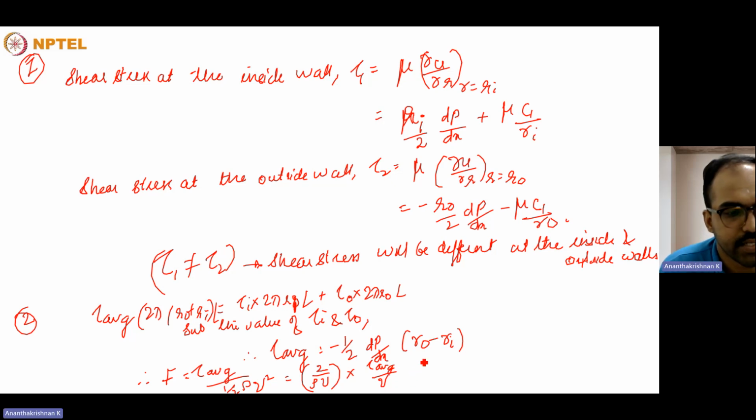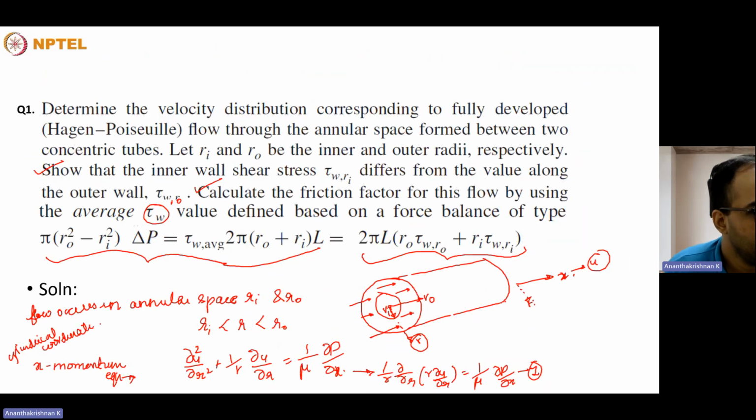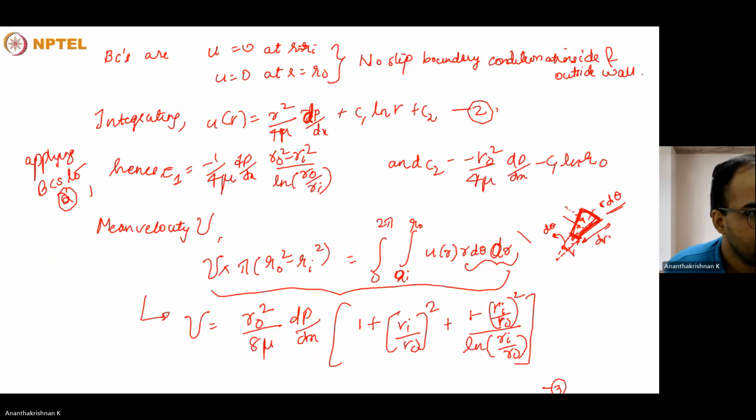Making some simplifications and substituting the value of tau average and u, u will be equal to r_o squared divided by 8 mu dou p by dou x into 1 plus (r_i by r outer) squared plus 1 minus (r_i by r outer) squared divided by ln of r_i divided by r_o.